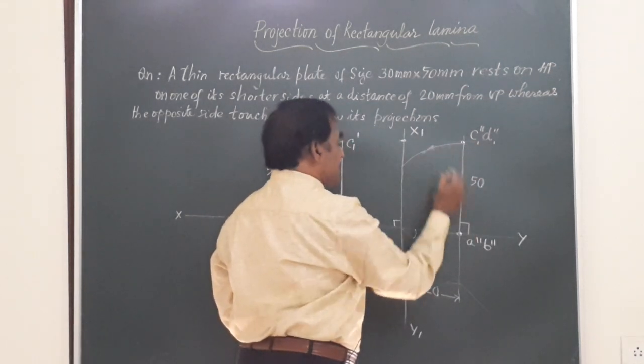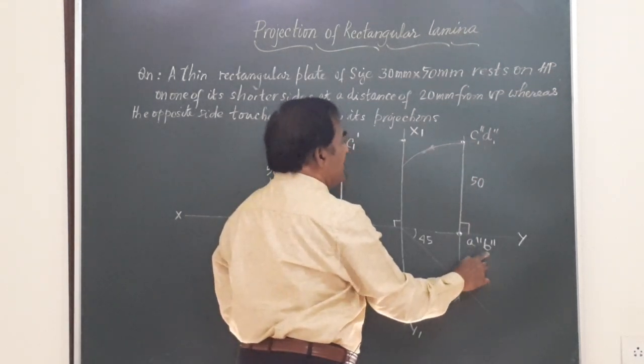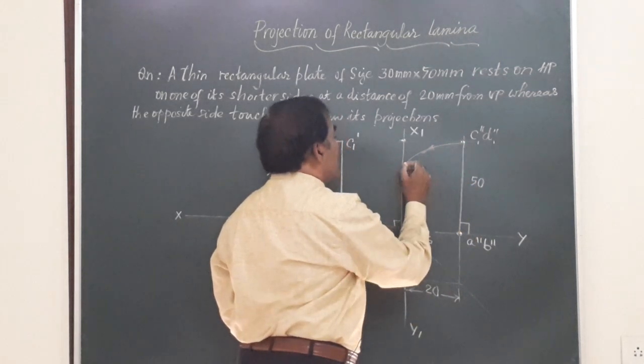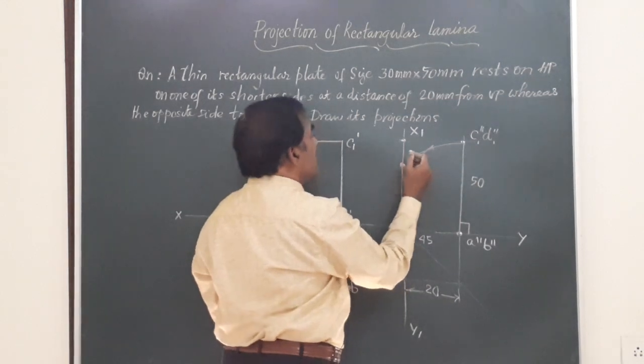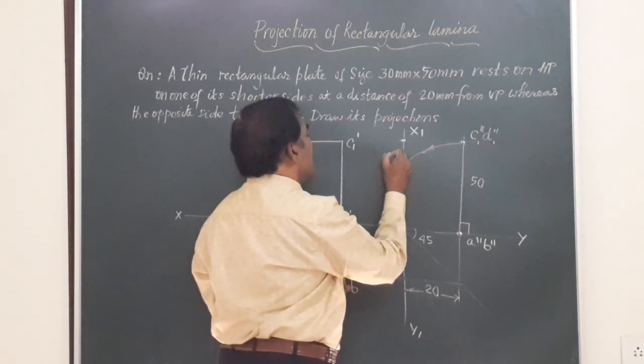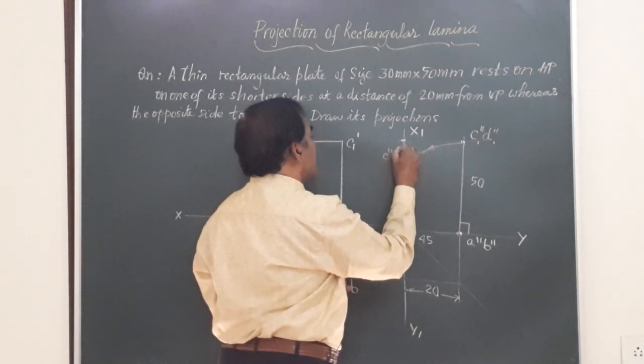So I have taken that center as A dash B dash, radius equal to 50, and drawn an arc here. So the point which was here will move down to this, and we can call it finally C double dash D double dash.